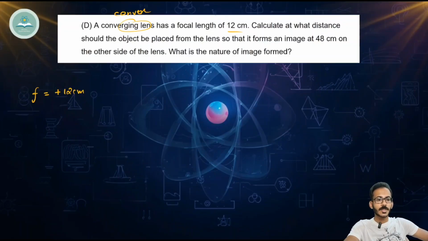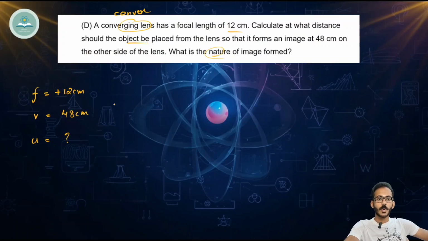Calculate at what distance the object should be placed. So here we have to find the object distance from the lens so that it forms an image at 48 centimeter. So the image distance is given as 48 centimeter on the other side of the lens.